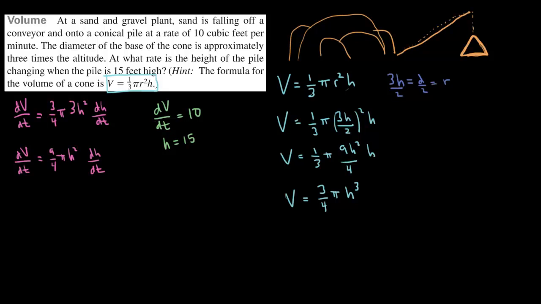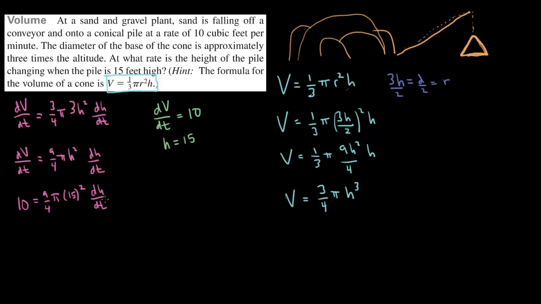Now let's plug in that stuff, and hopefully we only have one thing left over, which is what we're looking for. But let's just see. Derivative of V with respect to t, that's 10 equals 9 over 4 pi. We're told that h is 15, so that's 15 squared times dh dt. Is dh dt what we're looking for? I think we're good. At what rate is the height of the pile changing? So that's dh dt, exactly.